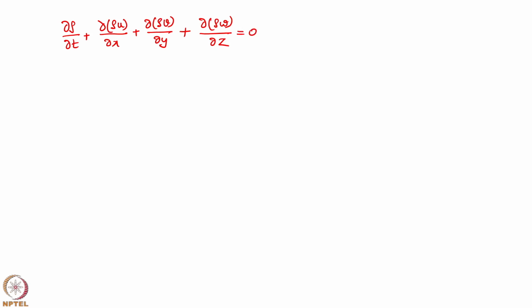This is one of the forms of the continuity equation. We have almost arrived, but there are different forms which we will be invoking subsequently. That is why we should be conversant with all of them.